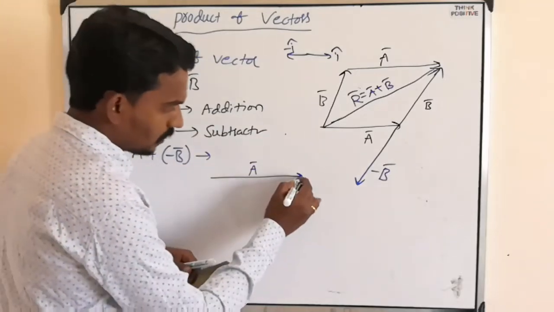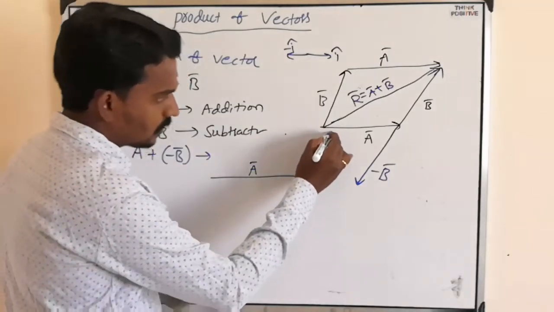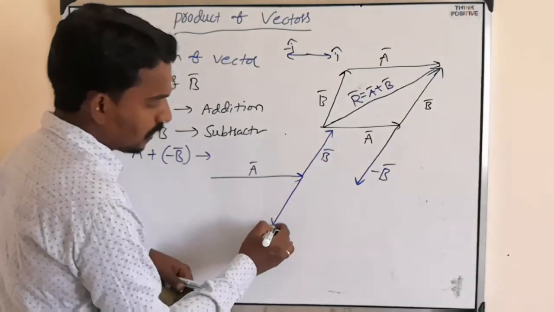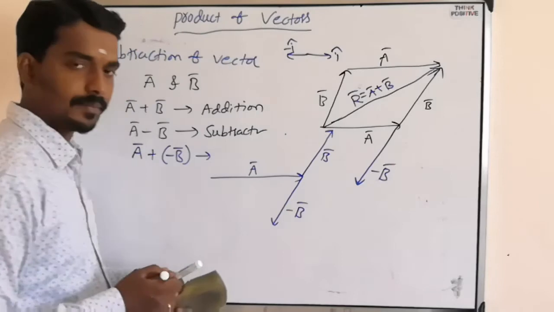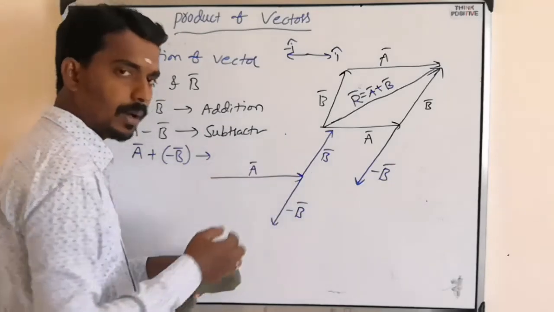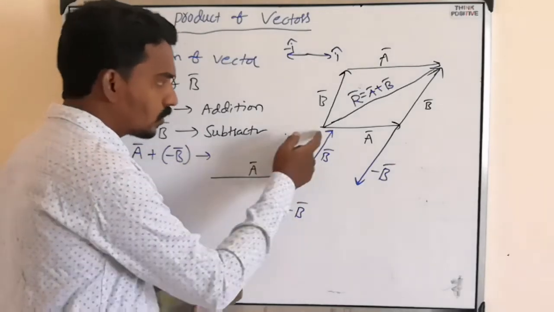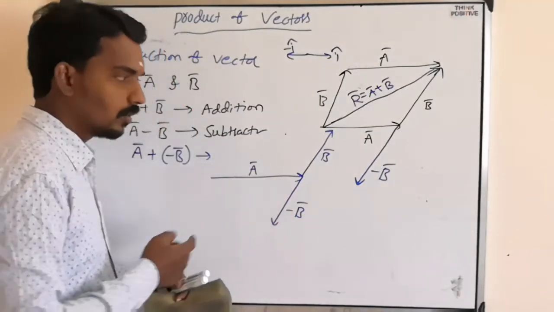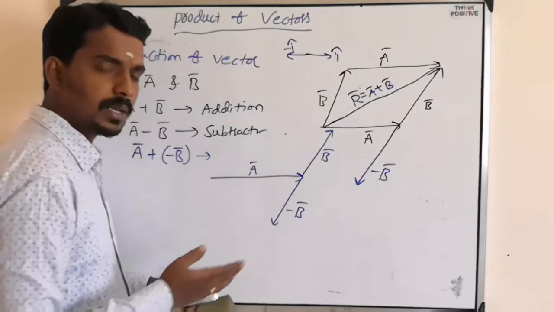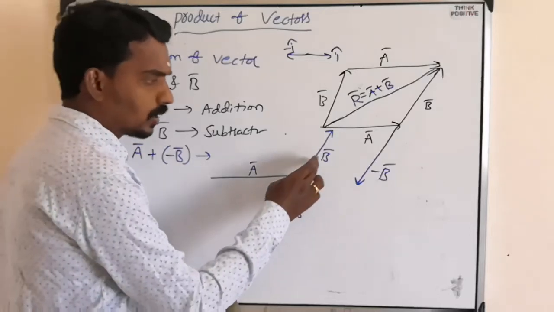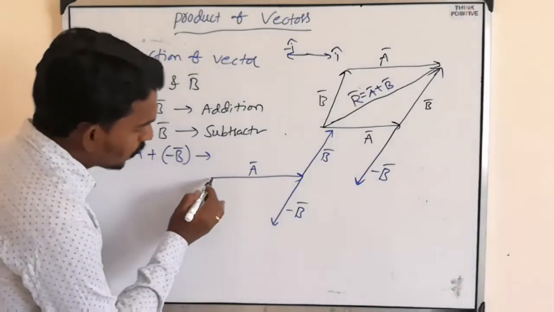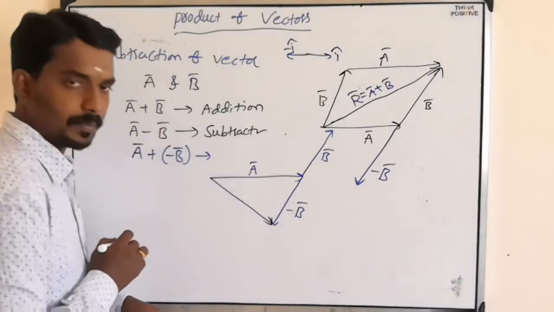That means this is B bar, but this is minus B bar. So after drawing B bar, you don't join these two ends. You draw minus B bar. When you know B bar, minus B bar is simple: opposite to B bar, equal in magnitude. Then you join these two.